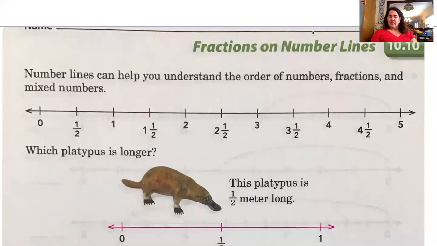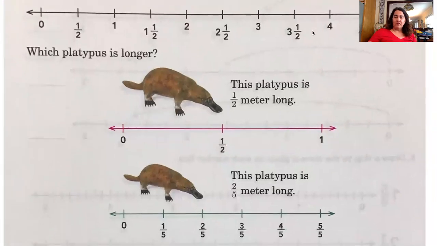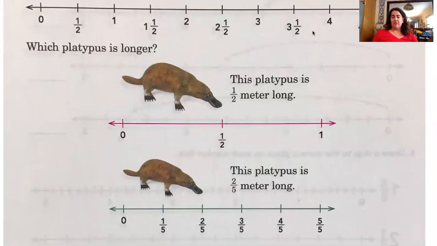Alrighty, friends. So number lines can help us understand the order of numbers, fractions, and mixed numbers. So if we were using it to measure which platypus is longer, the top platypus is 1/2 meter long, but the second platypus is 2/5 meters long.